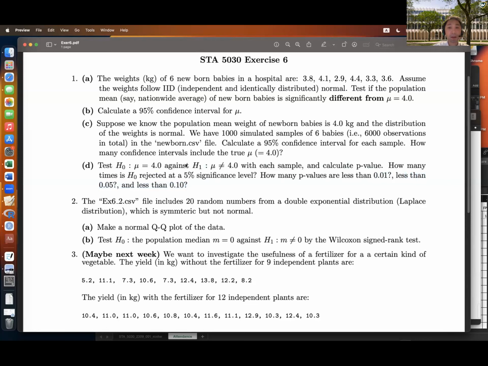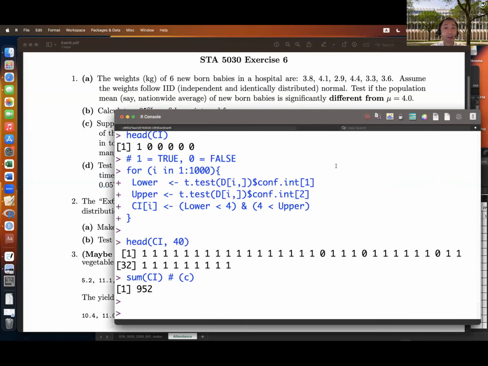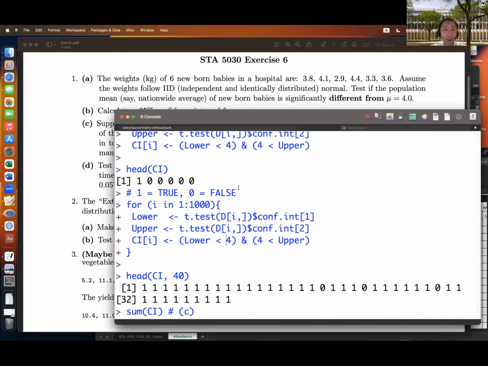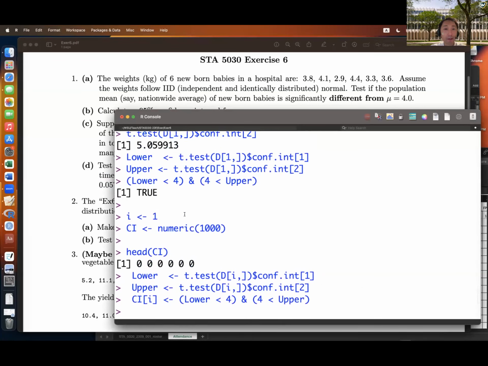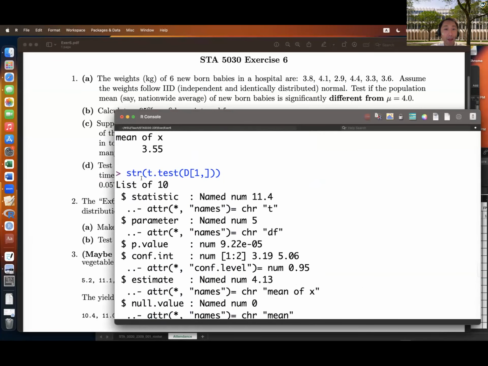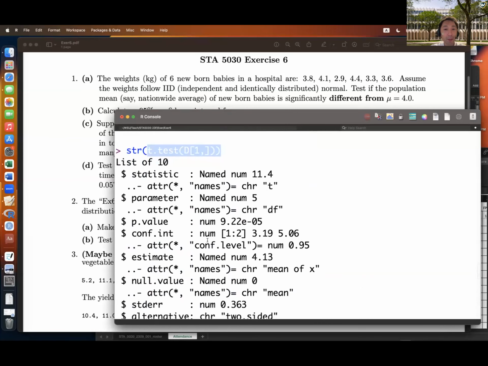So yeah, we can check it, and we can use the same code for this. We have seen that the t.test output has this structure, and the p-value is saved in this place: $p.value.